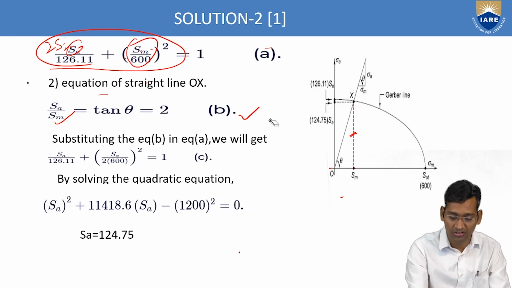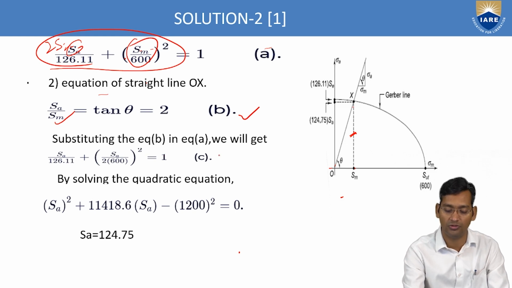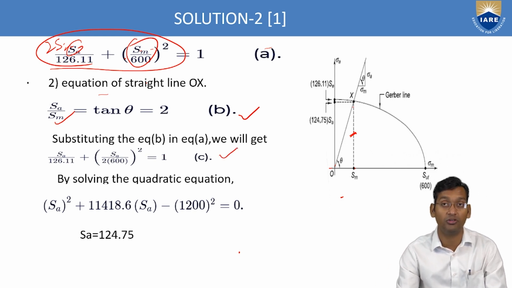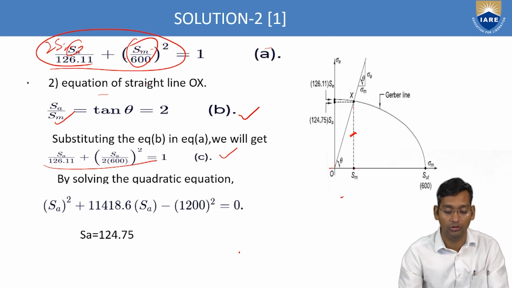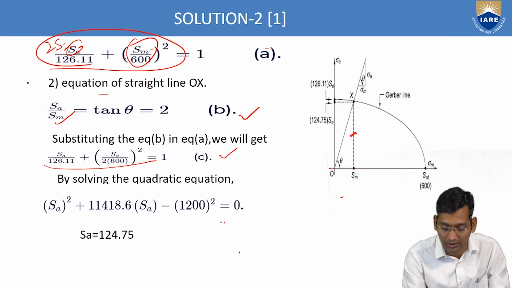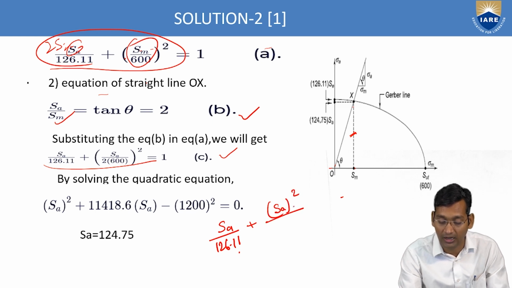Okay, so now after substituting here SA by 126.11 plus SA by 2 into 600 whole square is equals to 1. So this is the equation or equation number C. Now this equation you have to solve. So how you will solve? So just see, I'm writing that SA by 126.11 plus this will be what? That we can write SA whole square by this one.